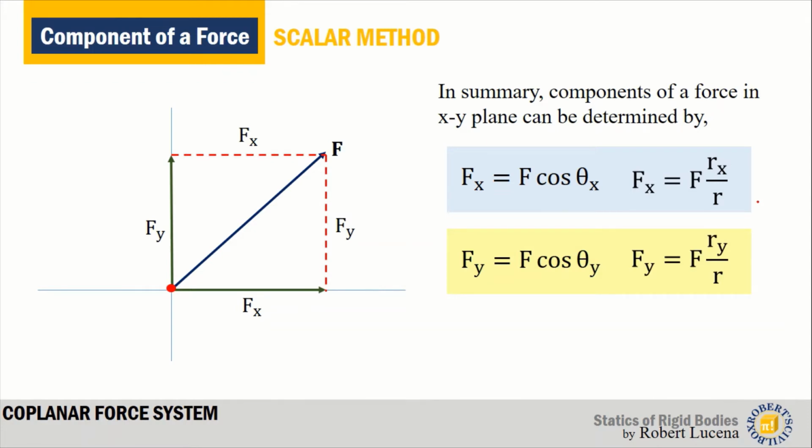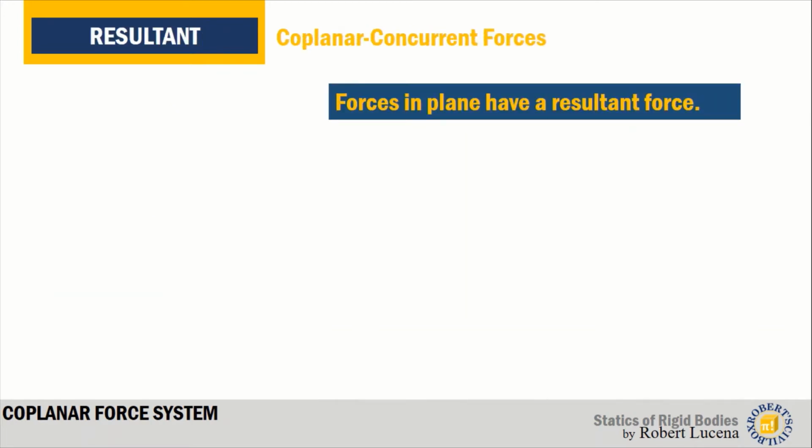And this formula also applies to the y-axis and definitely also applies to the z-axis, which we will discuss in a later part of this course about the three-dimensional analysis of concurrent force system. This topic only includes coplanar forces for concurrent and non-concurrent forces.